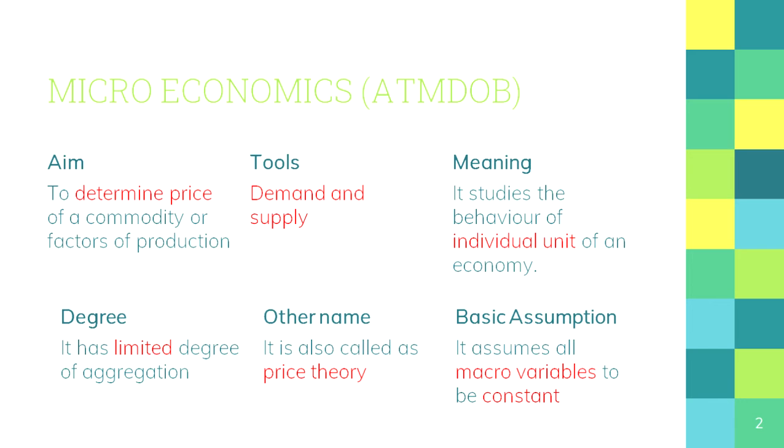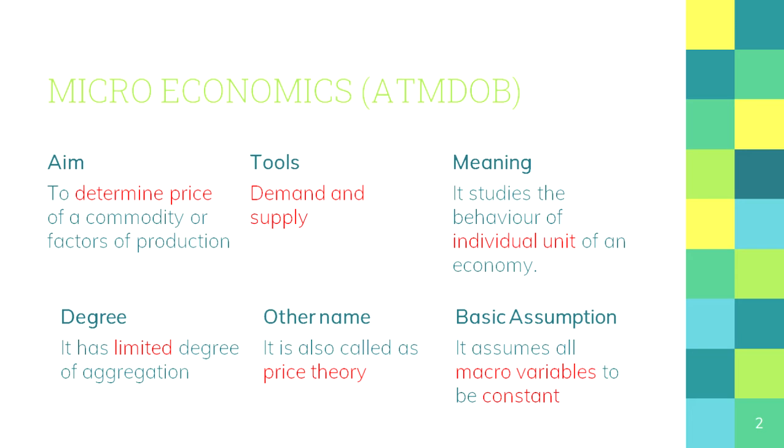And the fourth basis is degree. It has a very limited degree of aggregation. For example, in microeconomics, we learn about the demand of one individual or of one buyer. Using this demand of an individual, we try to derive market demand.